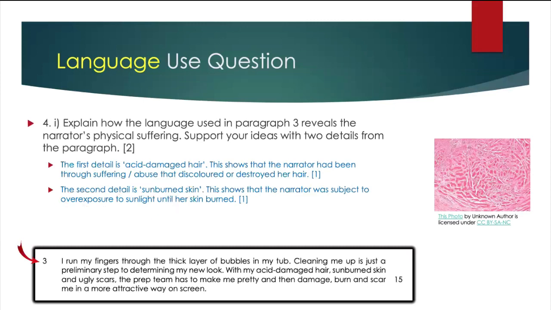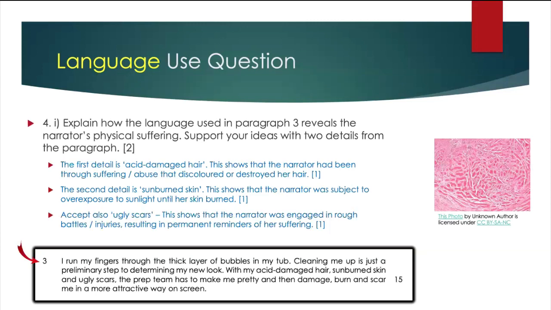Ugly scars would basically show how the narrator had been cut so badly that it left behind terrible scars. So the point here is when you have a scar, it is permanent. It's a permanent reminder of the injury from battles.